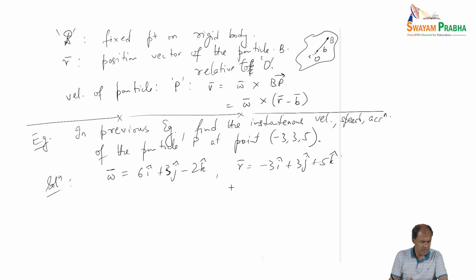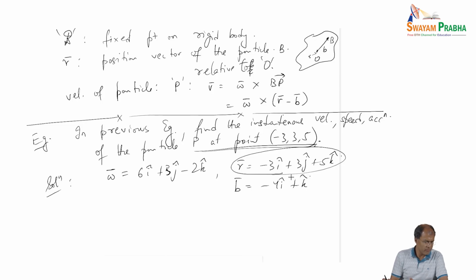Where did we get this position vector? It is given that the particle P has a position vector -3, 3, 5, and the position vector of the point B from the previous example was given to be -4i plus k.